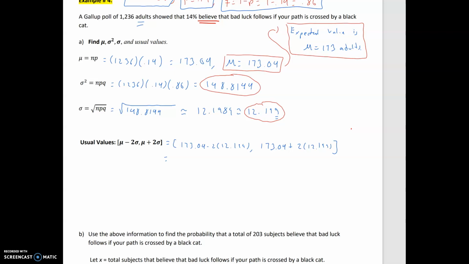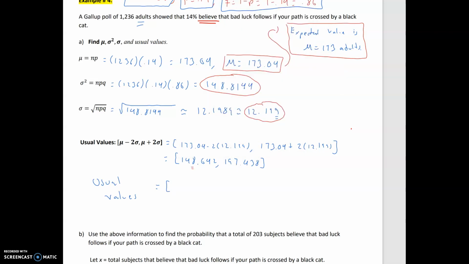Okay, so let me tell you what I'm getting. The lower bound, I'm getting 148.642, and then the upper bound 197.438, which in this case, for usual values, is going to be the interval that contains, I'm just going to round to the nearest integer.